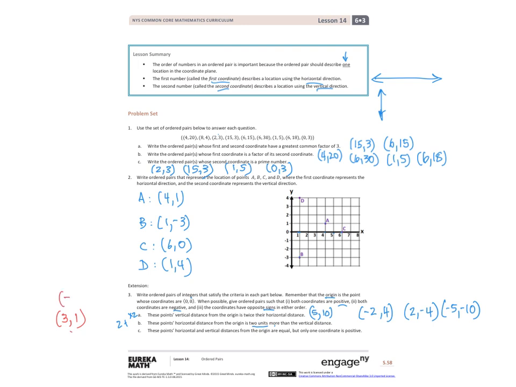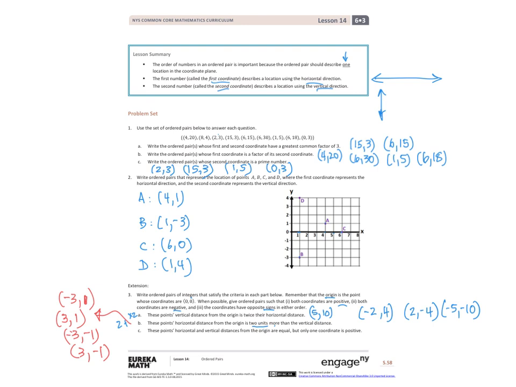If I go negative 3, 1, same thing, meaning the absolute value distance. If I go negative 3, negative 1. If I go 3, negative 1. I'm just making sure I've got all the signage correct. You could have different ordered pairs for those, but there has to be a difference of 2. This is your horizontal, this is your vertical, it has to be 2 less than your x, or your first coordinate.